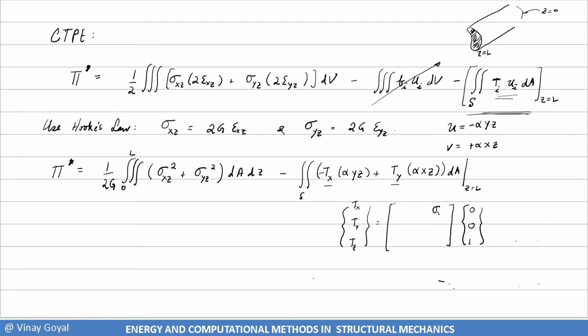So that's sigma xz, sigma yz, and sigma zz, which is 0. So when I multiply these out, I really get sigma xz, sigma yz, and that's 0, because sigma zz is 0. So therefore, I can plug it in.